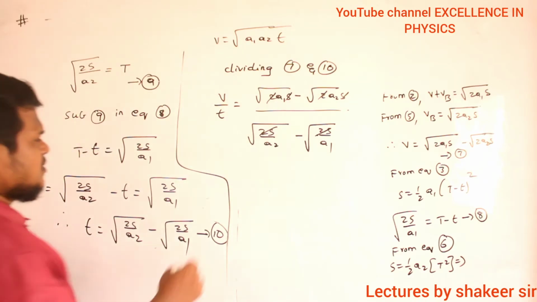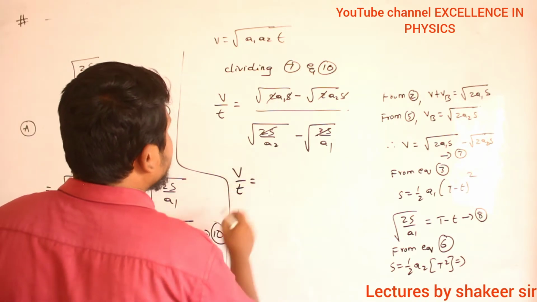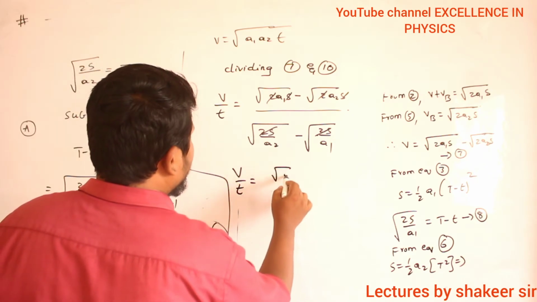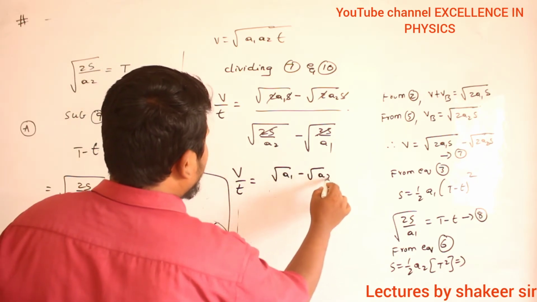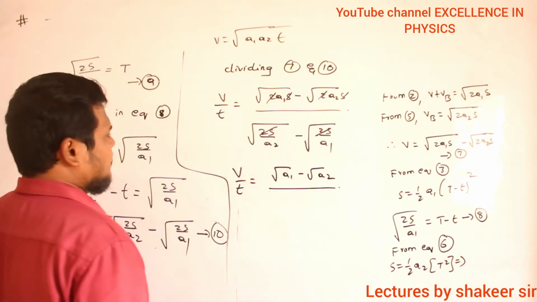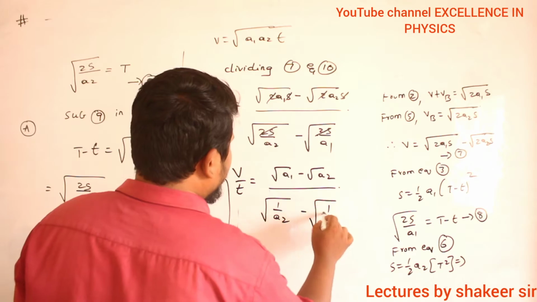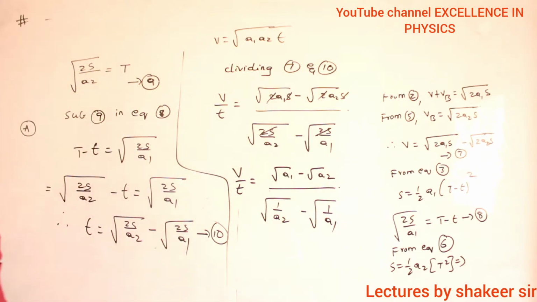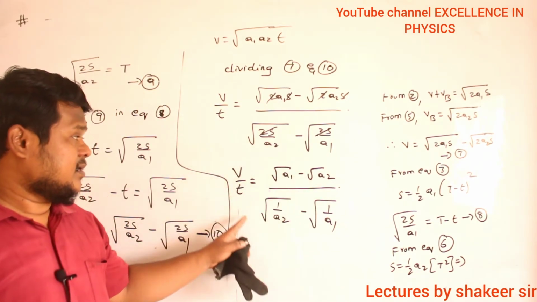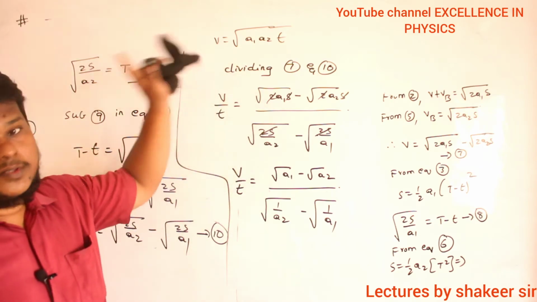Are you able to understand? So therefore v by t is equal to, what am I left with? Root a1 minus root a2 divided by root of 1 by a2 minus root of 1 by a1. Clear? Now do this calculation and see whether you get this answer or not.